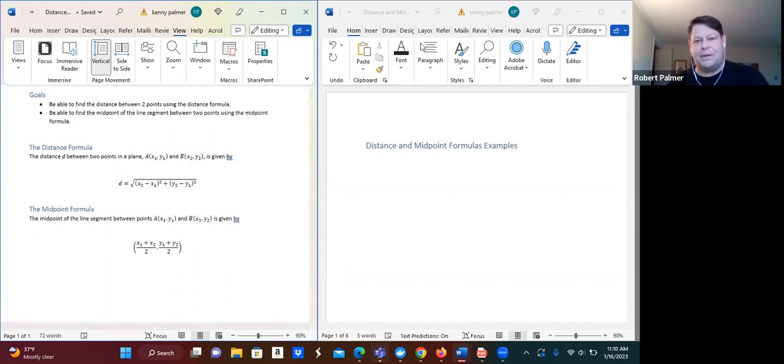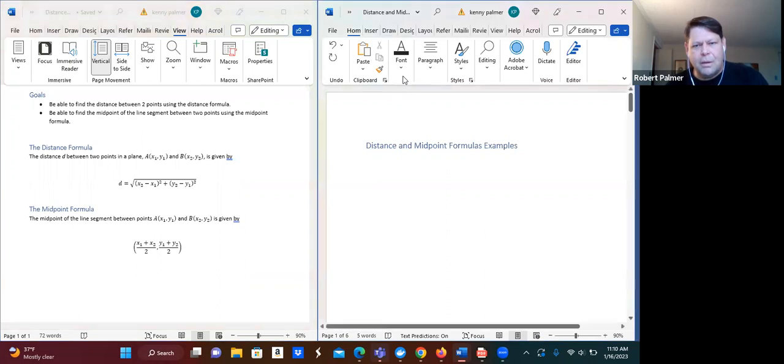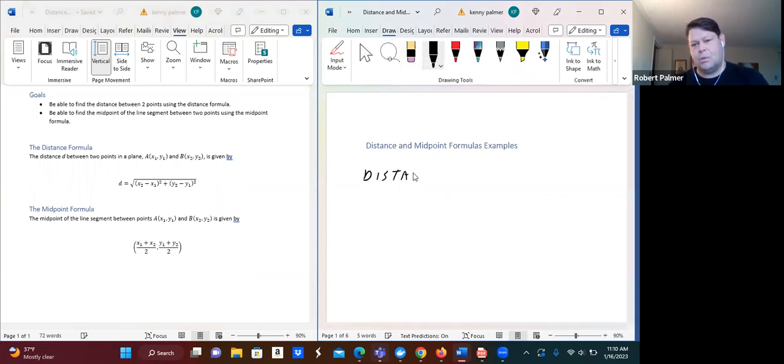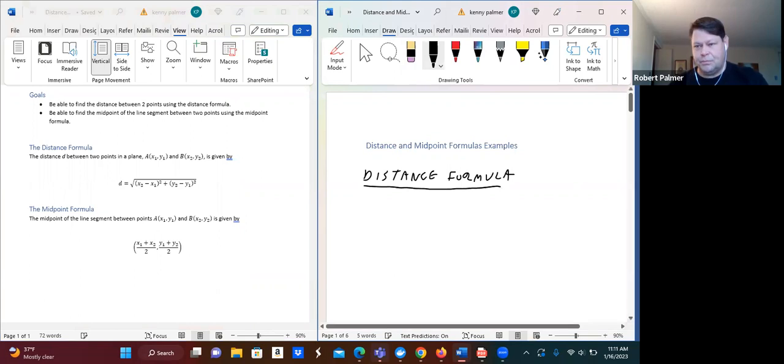Let's come over here to the right then, and take a look at how this works. What we're going to do is explain how it works and then do a couple of quick examples.